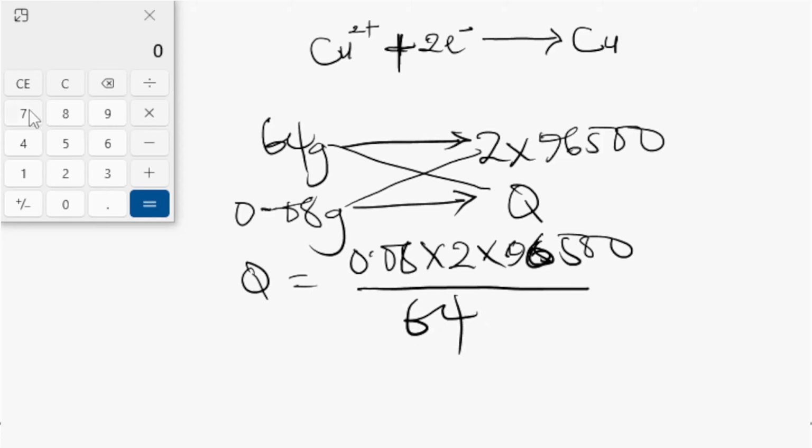So let's go ahead and calculate this. So you're going to have 0.08, and then this multiplied by 2, and then this multiplied by 96,500. So this is 15,440. So you're going to divide this by 64 here, and this is going to be 241.25.